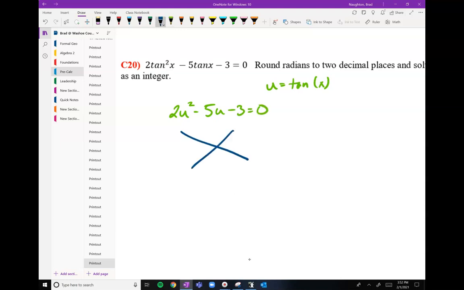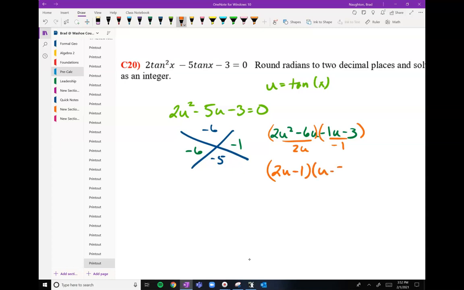What numbers multiply to a negative 6 and add to a negative 5? That's going to become negative 6 and positive 1. So 2u squared minus 6u plus 1u minus 3. So we get 2u plus 1, and then u minus 3. Looking good so far.